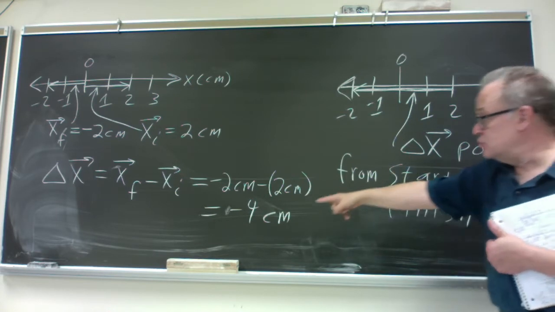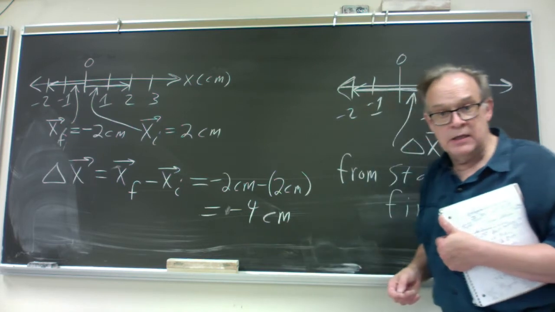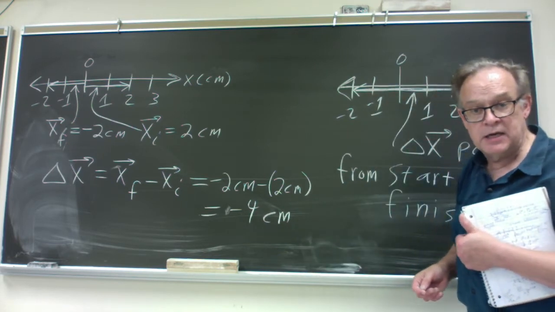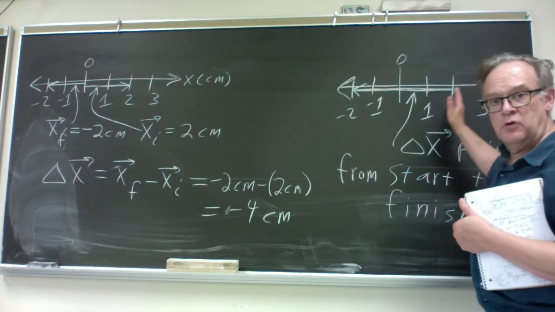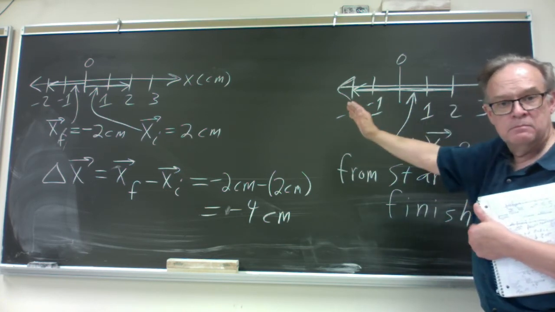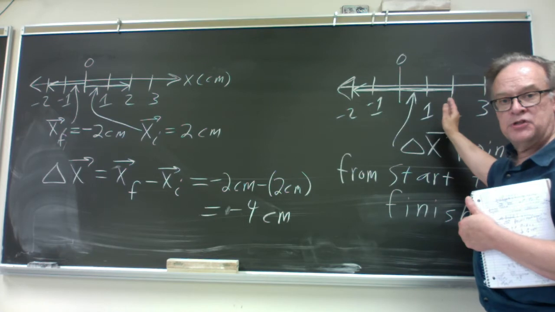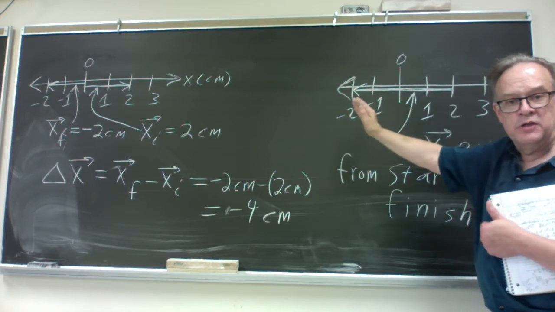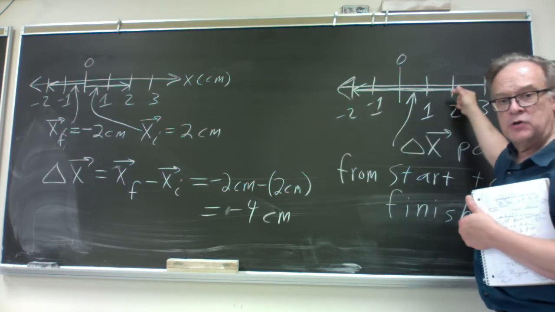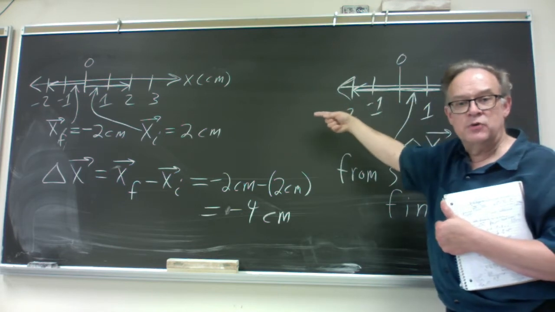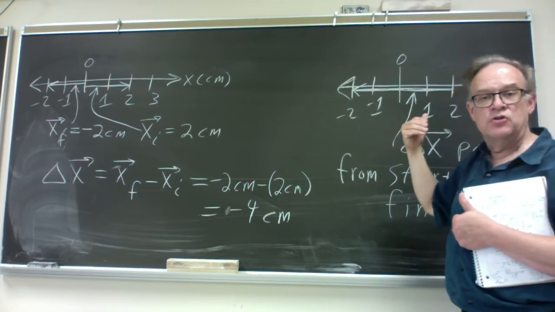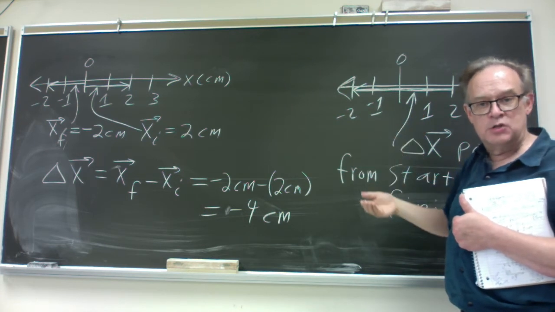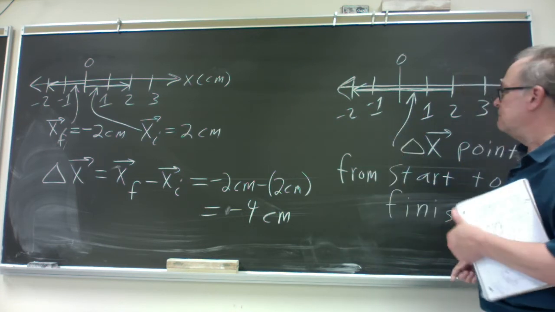And then the direction indicated by the sign, negative in this case, tells you which way you have to go to get from the start to the finish. The start was over here at +2, the finish is over here at -2, so you have to move in the negative direction to get from start to finish. That's what the direction of the displacement vector means.